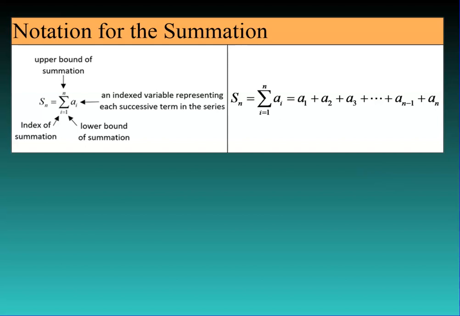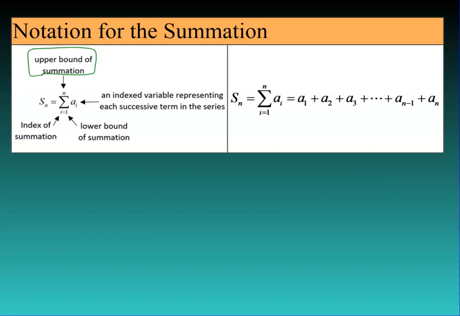Notation for the summation. Summation notation is noted by the Greek letter sigma, which in this case is the capital sigma. The number on top of it is the upper bound of the summation, where the n is.